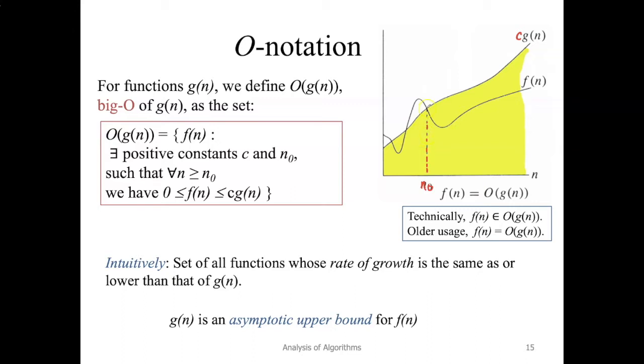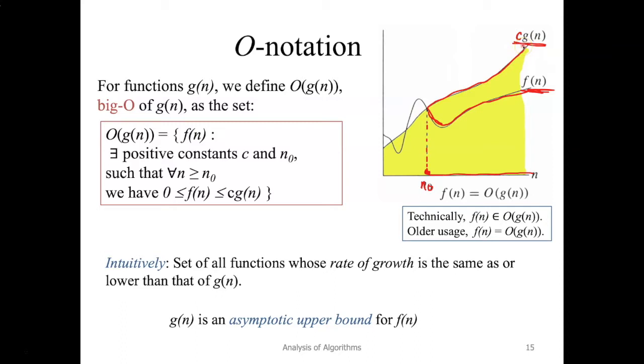We just care that there is some starting point, so that from this point forward, and every value of n after that, if we compare the functions, f of n is less than or equal to c times g of n. For everything from here on afterwards, at each one of these instances of n, starting at n sub 0 and afterwards, this function is less than or equal to its corresponding value c times g of n.